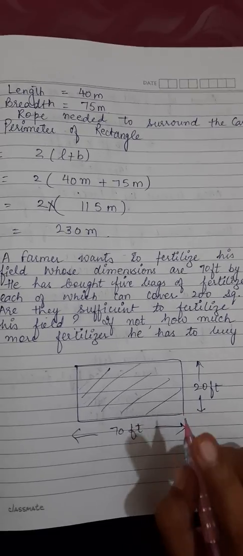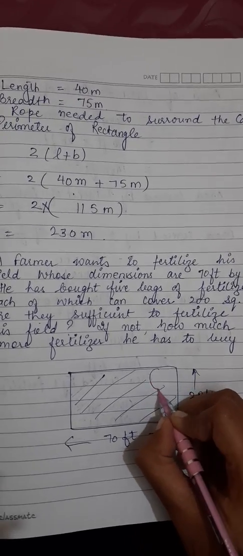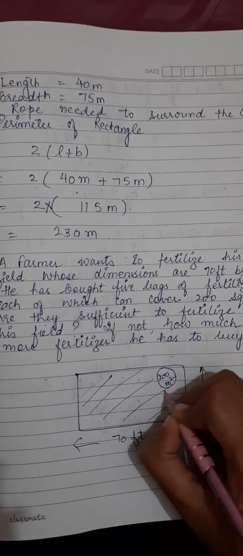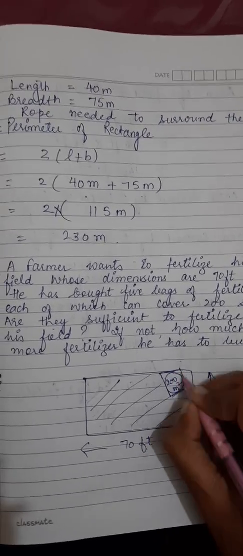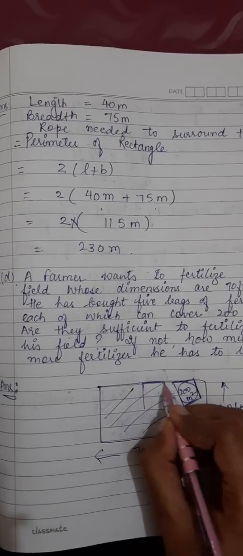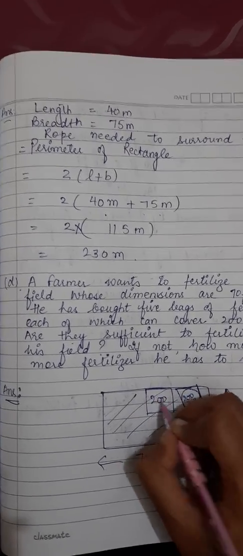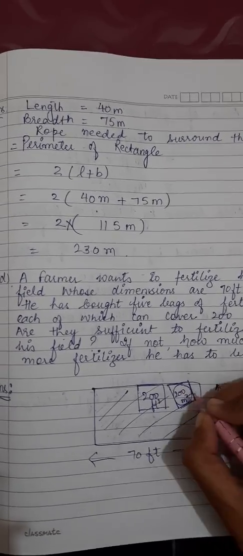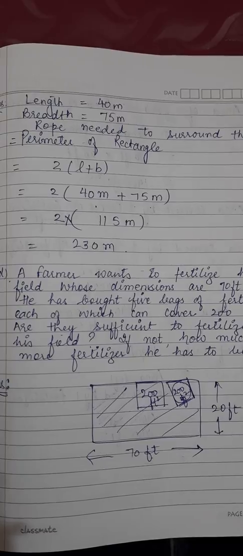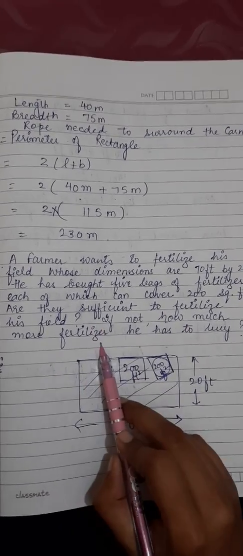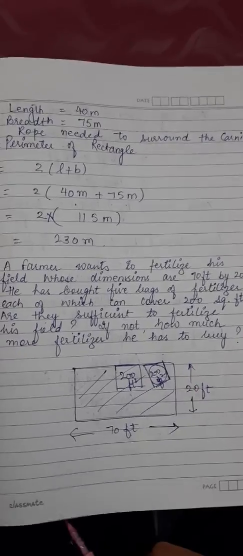If he uses 1 bag of fertilizer, 200 square feet of area is used for 1 packet. Similarly, if he uses the next bag, the next 200 square feet is used. You have to tell how many more fertilizer packets are required by him.